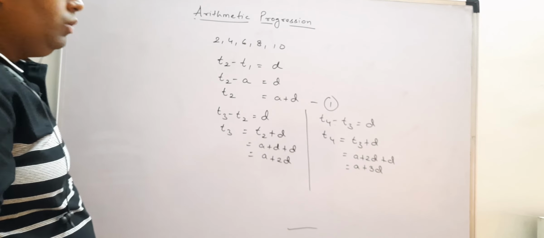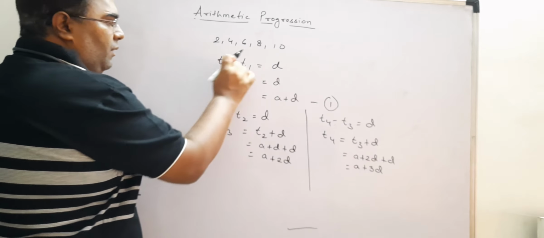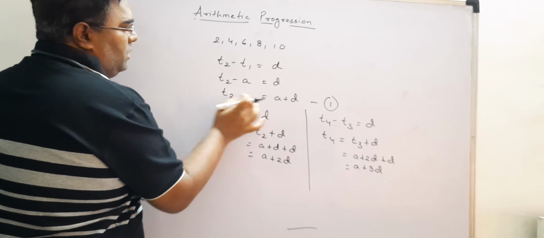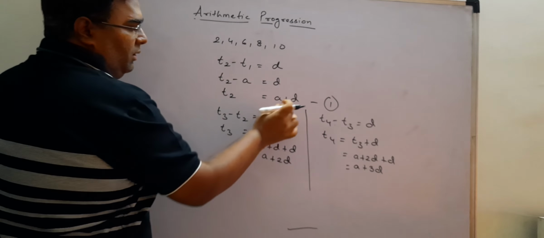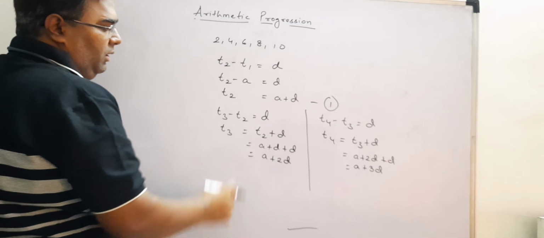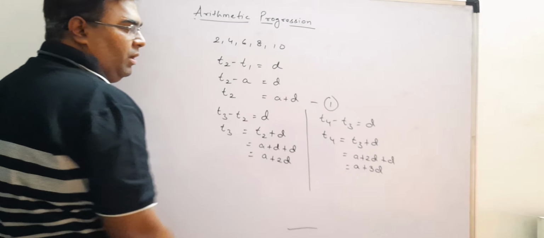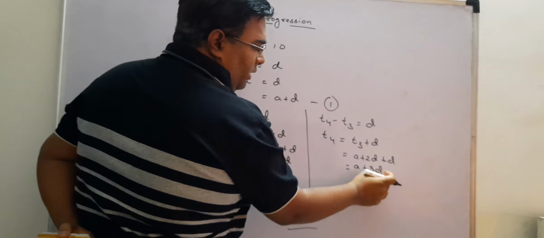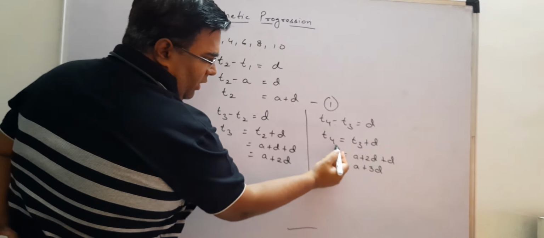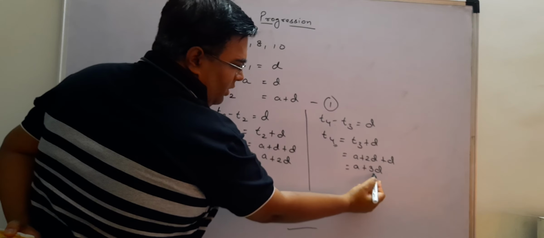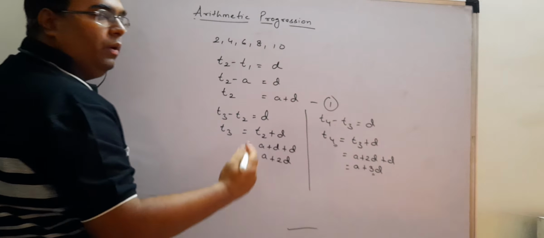Right? So look at the pattern. My T1 was A. My T2 is A plus D. There is only one D here. Then T3 is A plus 2D. Now 2 has come. T4 is A plus 3D. So whichever term we are taking, it is always that term minus 1, into D.